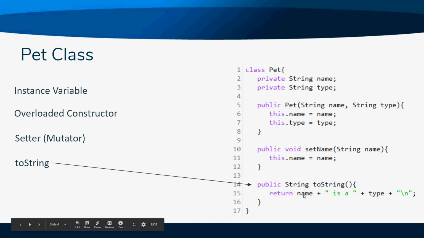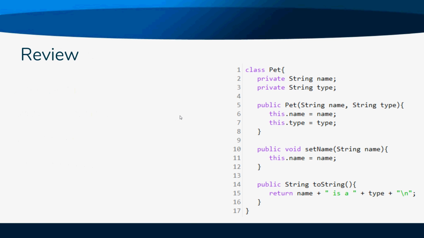It'll say Fido, or whatever name it is, and then it will say what type it is, dog or something like that. So a pretty simple class, but I want to use this class to show you about some Java references. So when you declare an instance of the pet class, you use the keyword Pet because it's the name of the class.